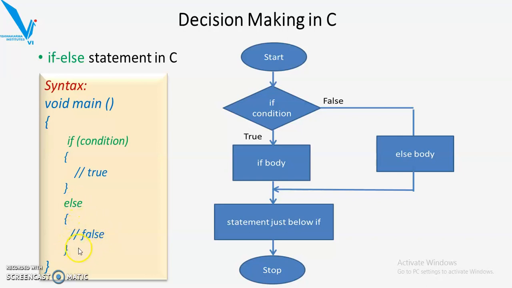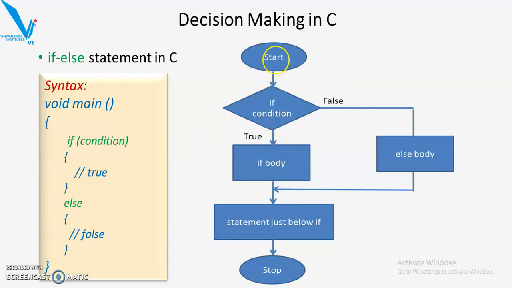That is the only addition to the previous if statement. We can see that in our flow diagram. Once the program starts, we have the condition. If the condition is true, the body inside the if condition is going to be executed.